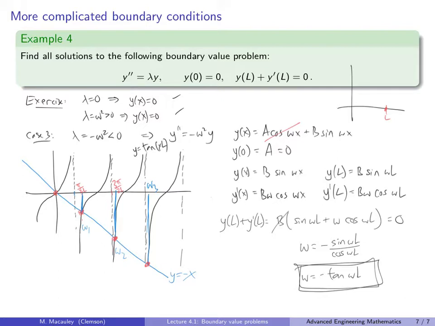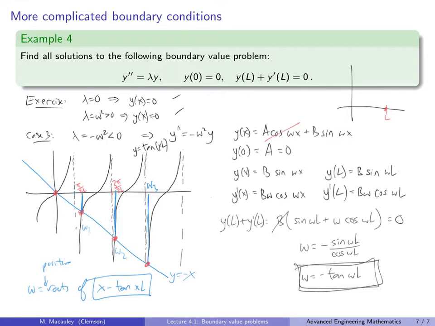So the omegas are, let's say, the positive roots of x minus tangent of xL. And I don't think there's a really good way to do this. I actually did this in advance.